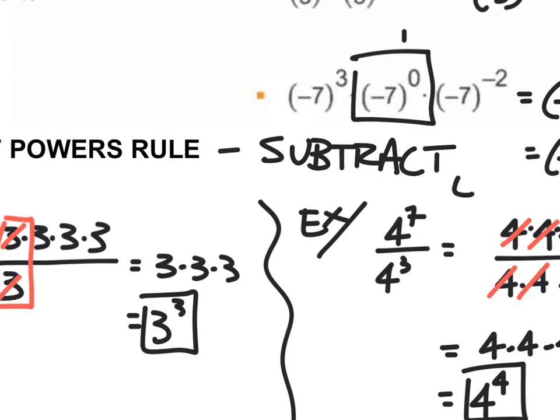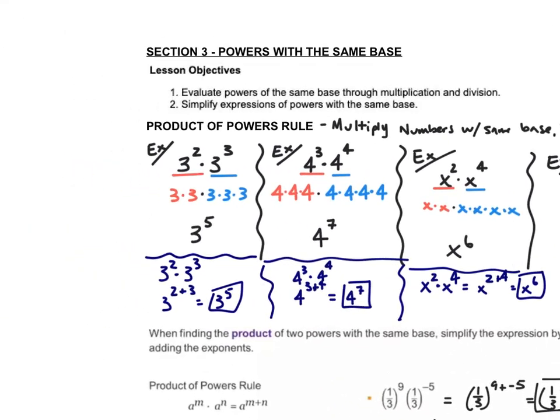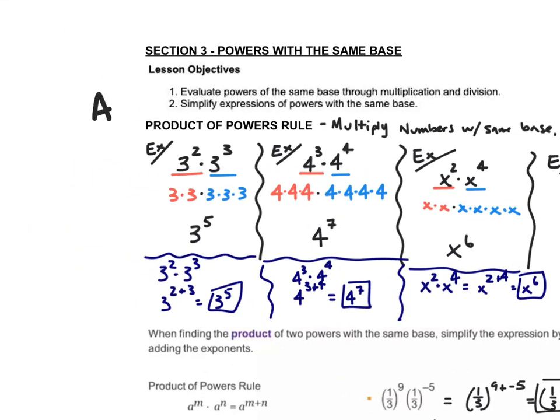So subtract exponents. And put a big old star next to that. And up here, let's just put that you add exponents. Okay, and those are the big takeaways from this.